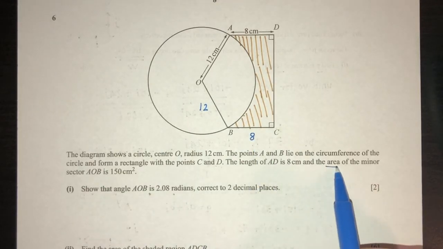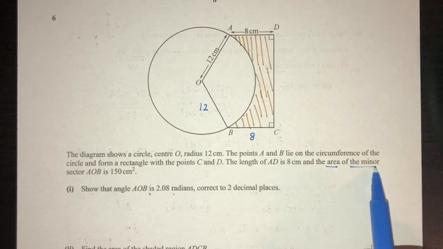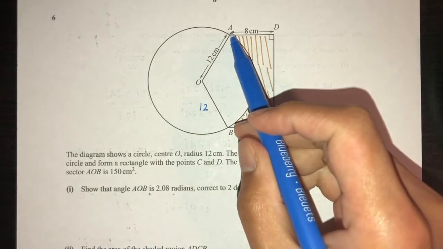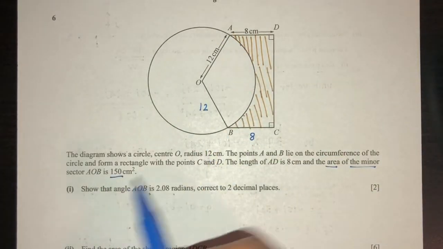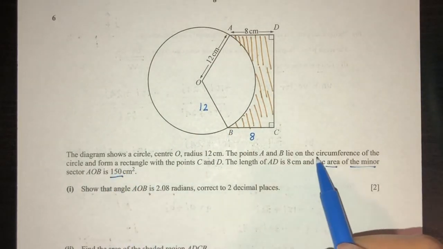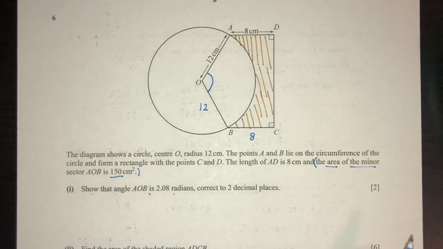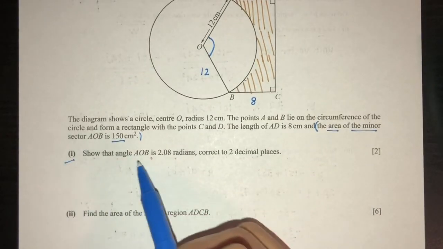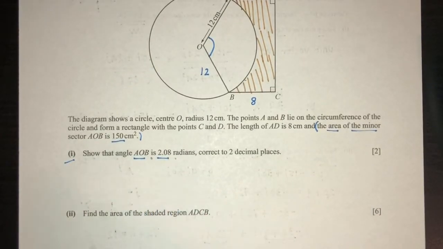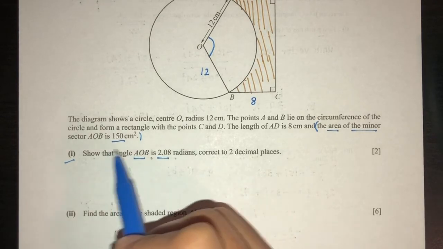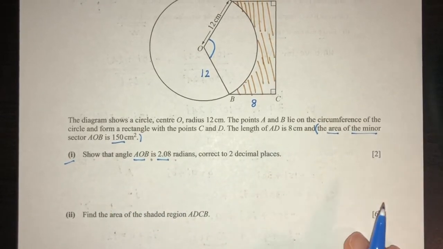And the area of the minor sector AOB will be 150. So we can use that information here to find the angle. Show that the angle AOB is 2.08 radians. Because we know the area is this, but how do you find the area of a sector?